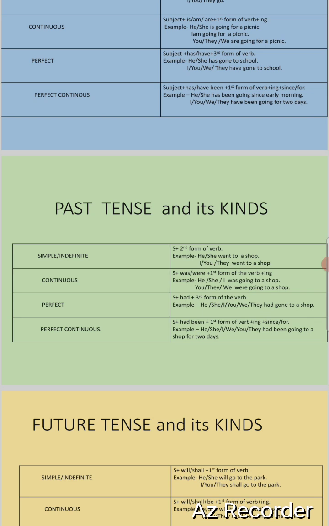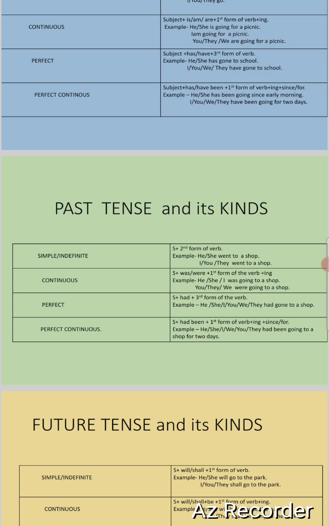In the past continuous, we say subject plus was or were, the helping verb, and the first form of the verb with ing. For example, he or she or I, here I is an exception, was going to a shop. You, they, or we, any of these plurals, were going to a shop.